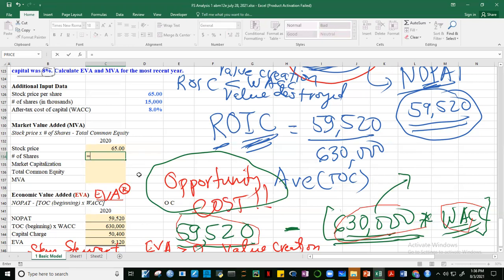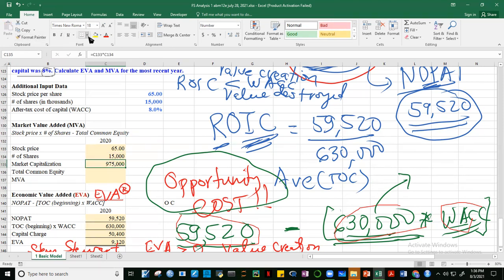So that's perfectly fine to be consistent with the figures in the balance sheet and the income statement. Yan. So easily guys, we can compute for market capitalization which is just this one times this. Okay, so that's our market capitalization. Okay, so copy na lang natin yung format nito.